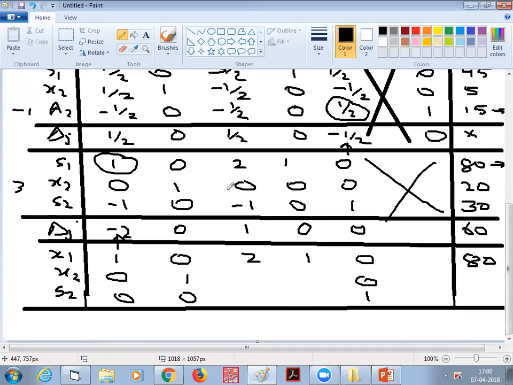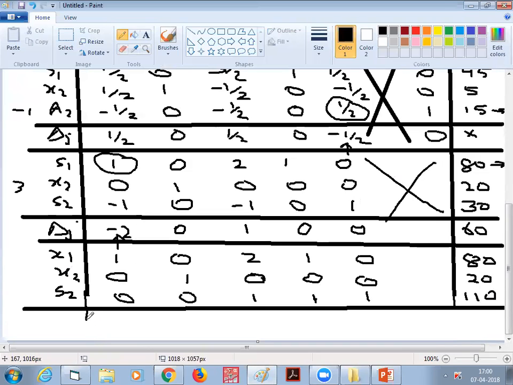Okay, so 0 minus 0 is 0. Minus 1 plus 2 is 1. 0 minus 0 is 0 here. 0 plus 1 is 1 here. 20 minus 0 is 20 here. 30 plus 80 is 110 here.